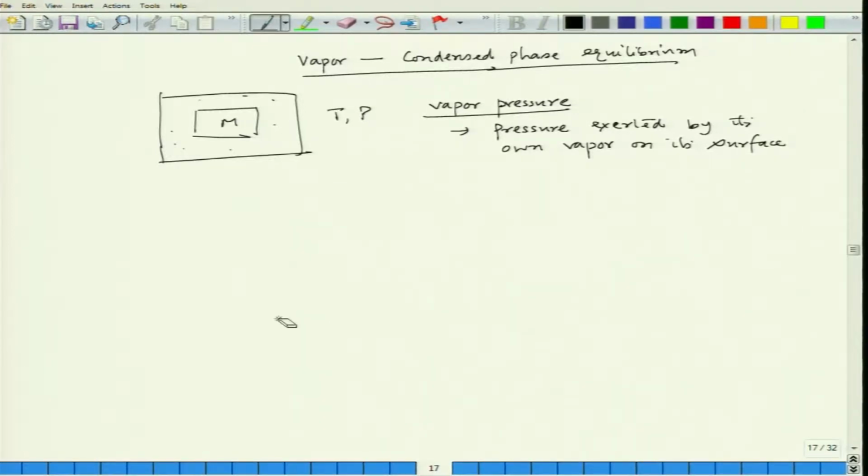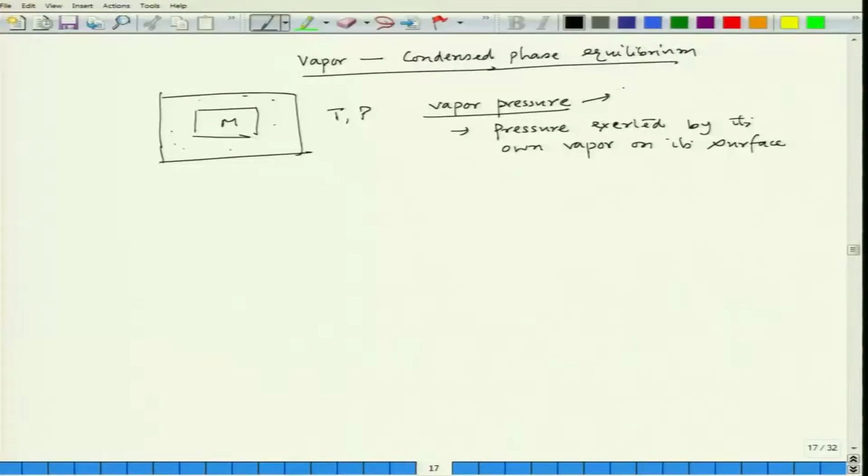Now, this vapor pressure, specific to a temperature, reaches a unique quantity, and that time we call it saturated vapor pressure. That means saturated vapor pressure indicates the equilibrium vapor pressure, and at that time these two quantities are in sync in this particular system.